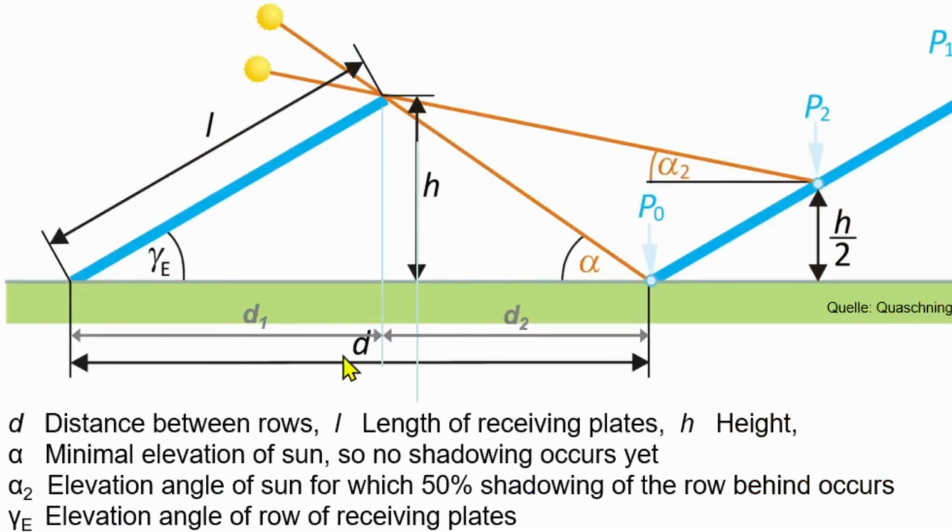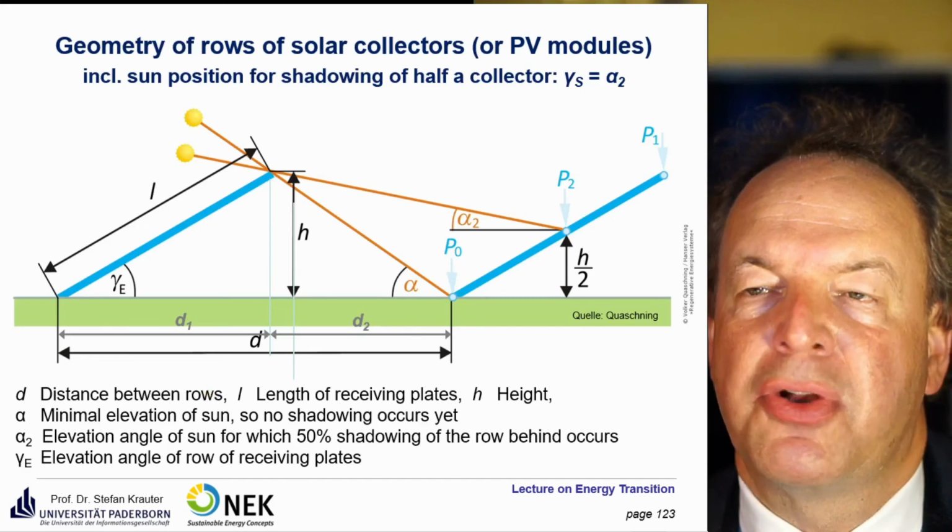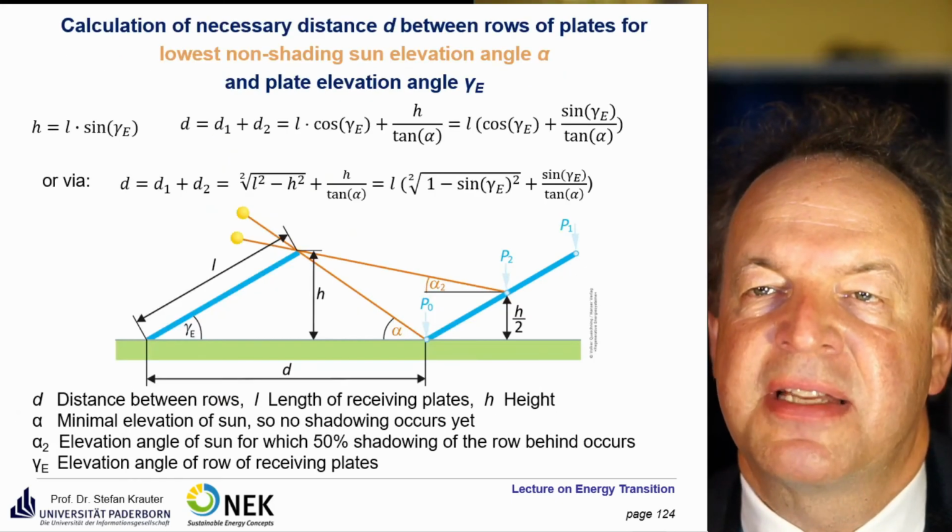Here you divide this distance d into d1 and d2. d1 is between the perpendicular on the surface going to the top end of the module, and d2 is from that towards the lower end of the second module row. If you put in the numbers, it will also be part of the exercise, sometimes even part of the tests at the end.